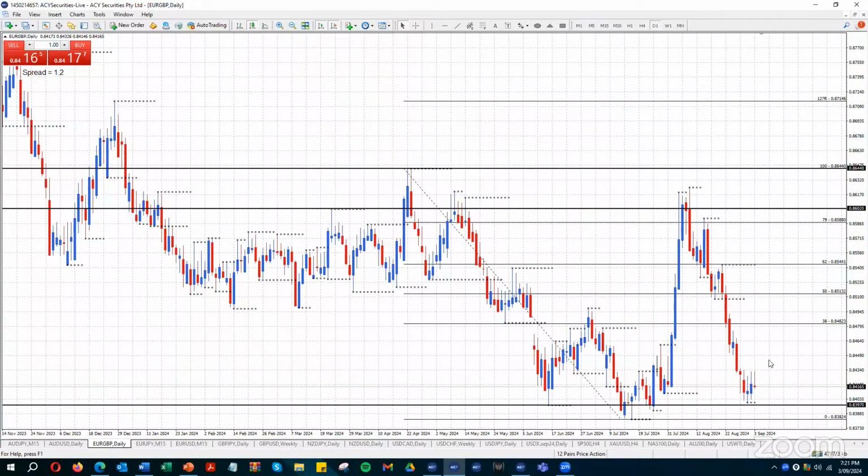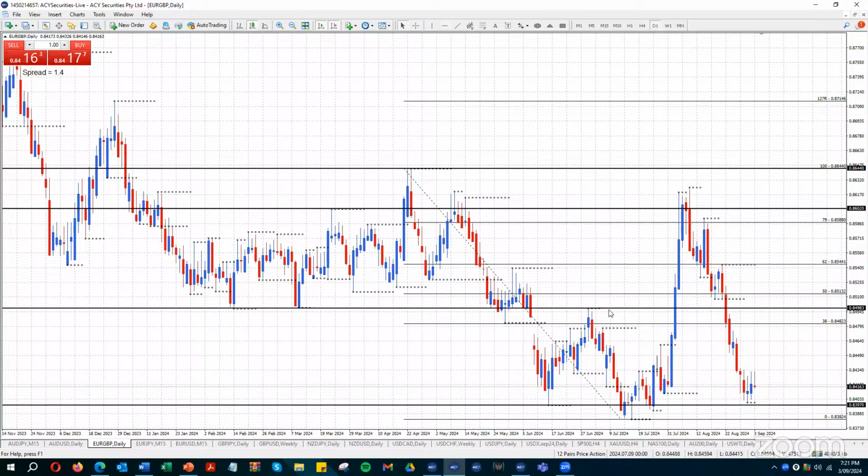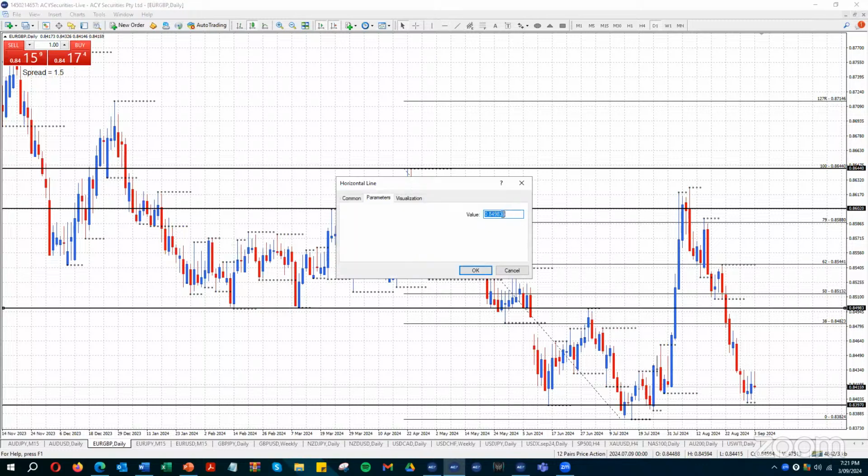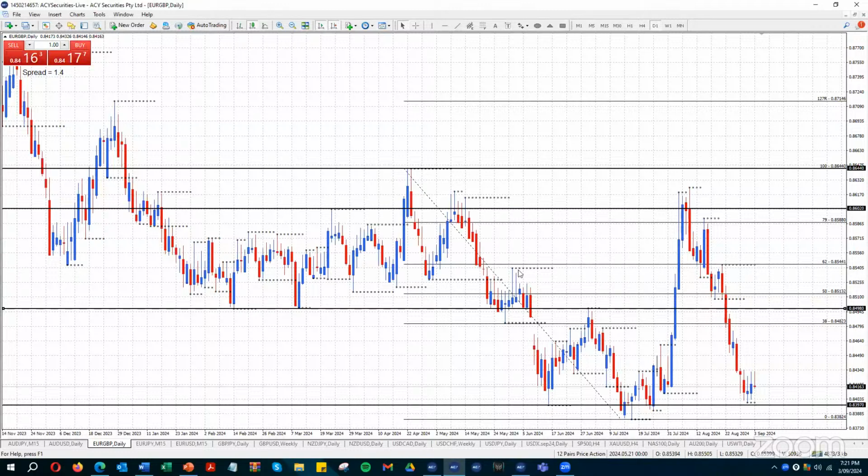Now, from a sell side perspective, the last area of support that we really broke below was this little area here, 84.98. So if we rally back up to 84.98 without retesting support, that could be a resistance area to watch to move down from. So if you're keen to get short, I would watch up there.